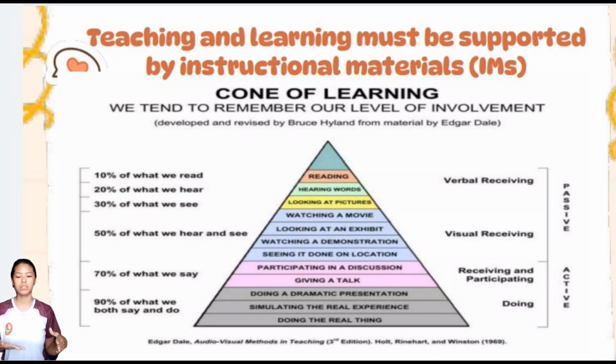The 50% is what we hear and see. The 30% is what we see, and the 20% of that is what we hear, and the 10% of that is what we read. So the 90% is the doing, and then the receiving, participating, visual, and the verbal.